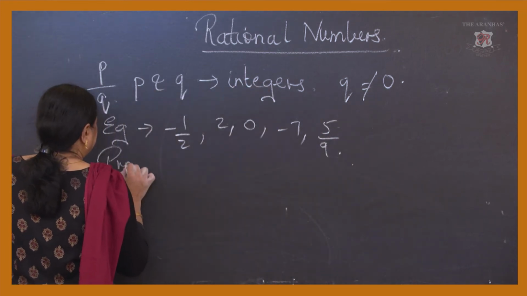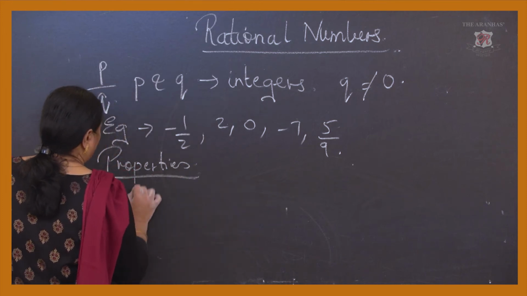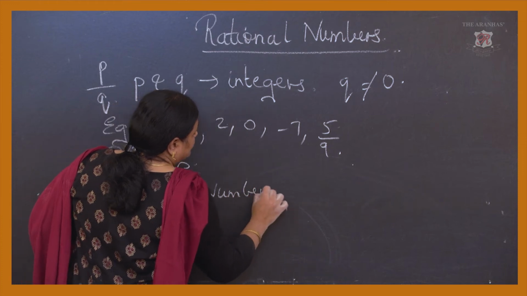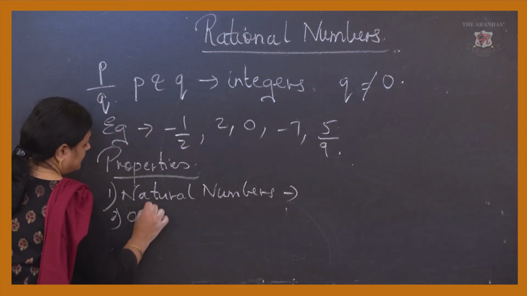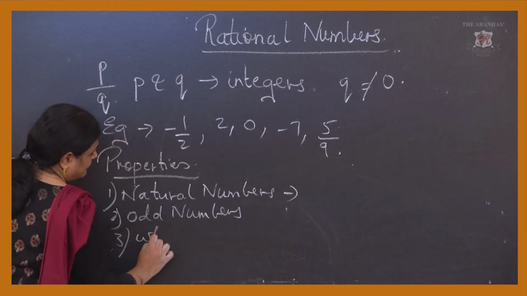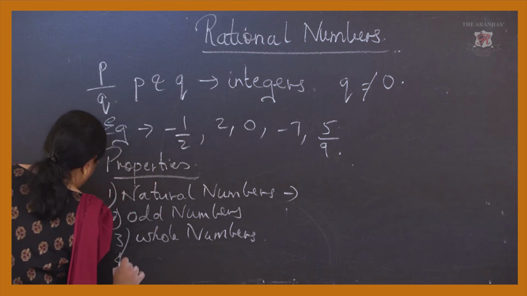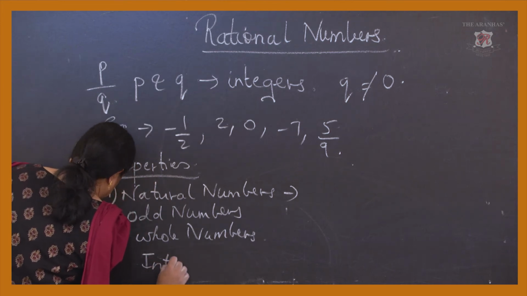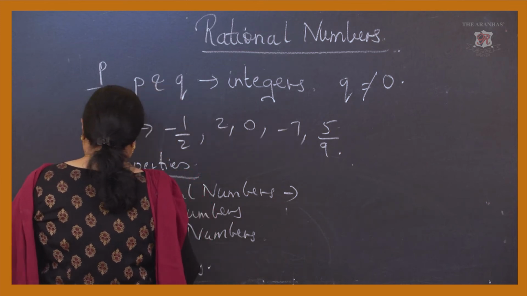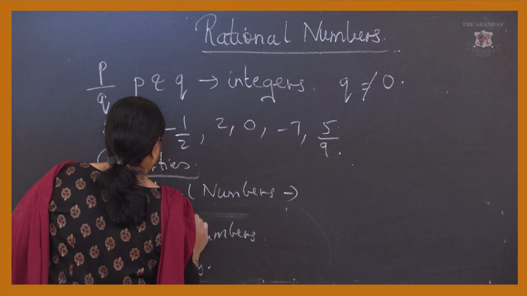Now under the properties of rational numbers, first you have your natural numbers, then odd numbers, then whole numbers, then integers.